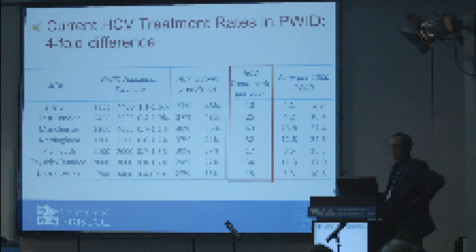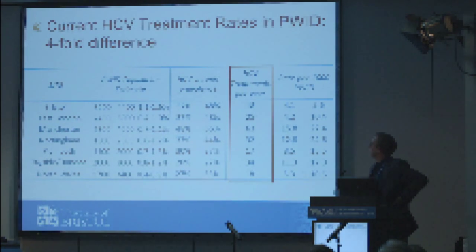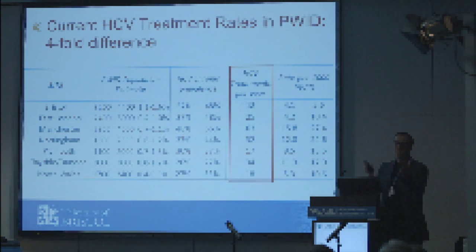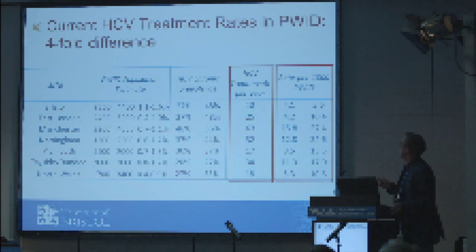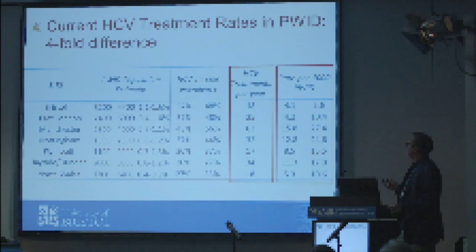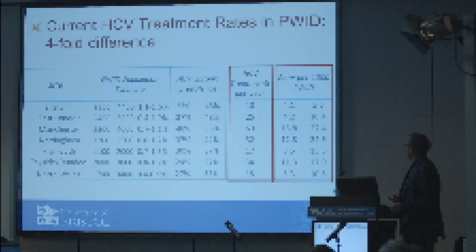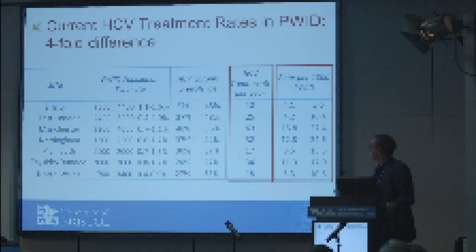We defined injectors as people who were on opiate substitution treatment when they were being treated for hepatitis C, or had evidence of injecting in the last 3 years. What we found is that there was, at the moment, a fourfold difference in treatment rates among different sites. Embarrassingly, in Bristol, where we work, it is about 5 per 1,000, pretty low in London and North Wales. But other sites like Manchester, Nottingham, Plymouth, are getting up to 20 per 1,000 injectors per year.